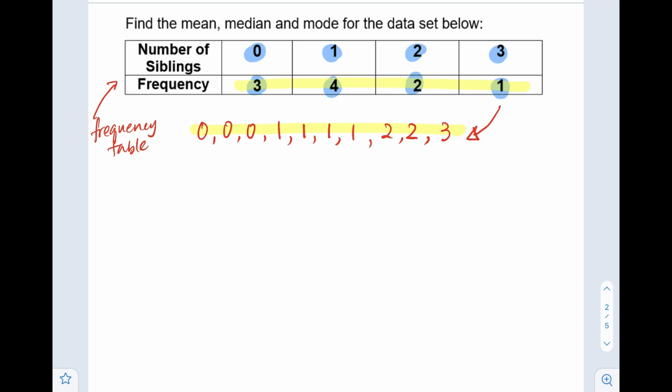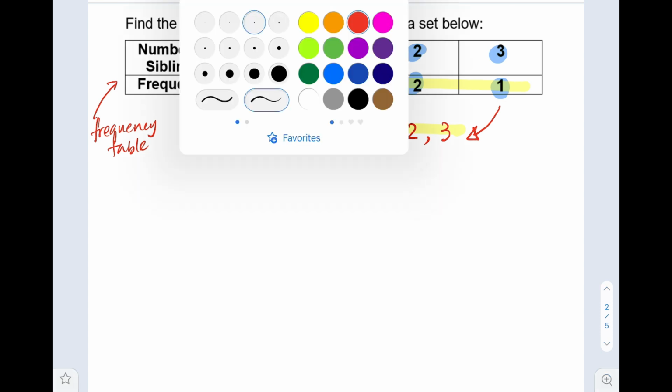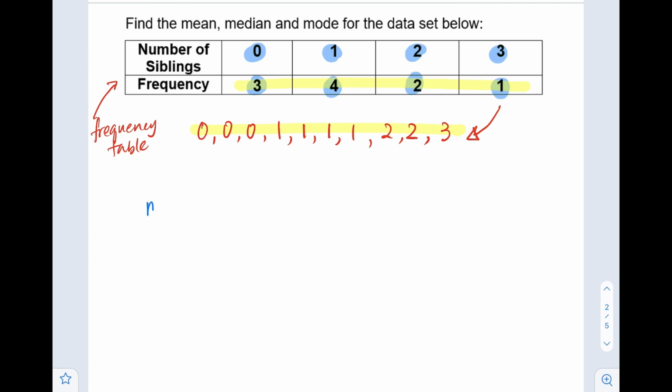So how can we find the mean? To find the mean is like finding the average. You can take 0 plus 0 plus 0 plus 1 plus 1 plus 1 plus 1 plus 2 plus 2 plus 3 and then divide by 10.